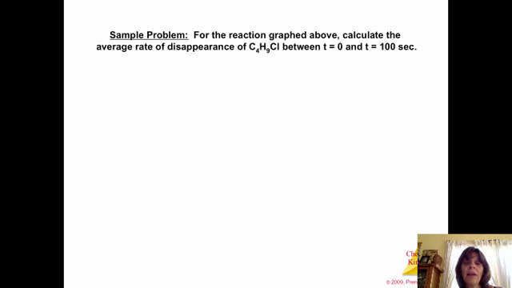Okay, sample problem. For the reaction that you just saw graphed, calculate the average rate of disappearance of butyl chloride between T0 and T100 seconds. So pause, go back and try to get the data and calculate that change. Okay, hopefully you've got that.